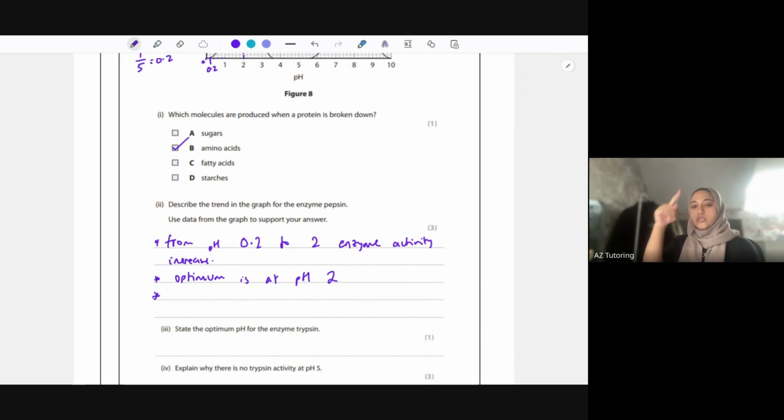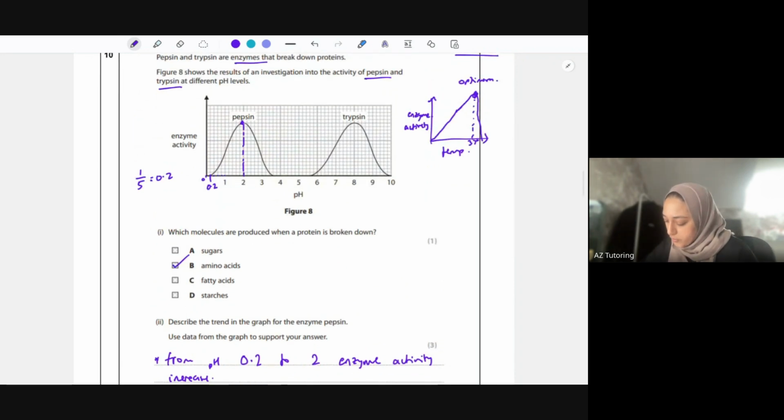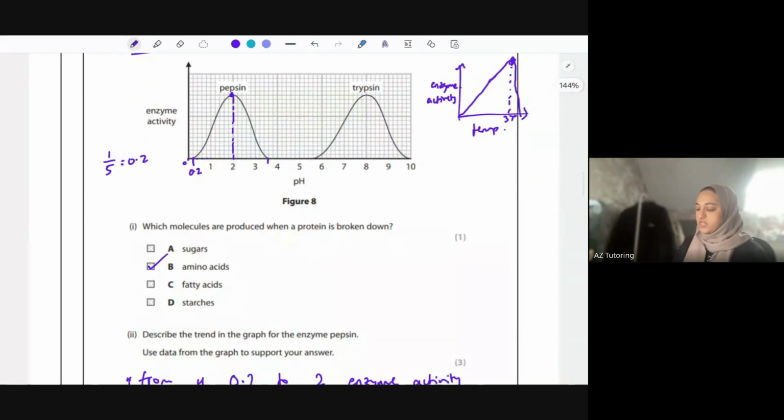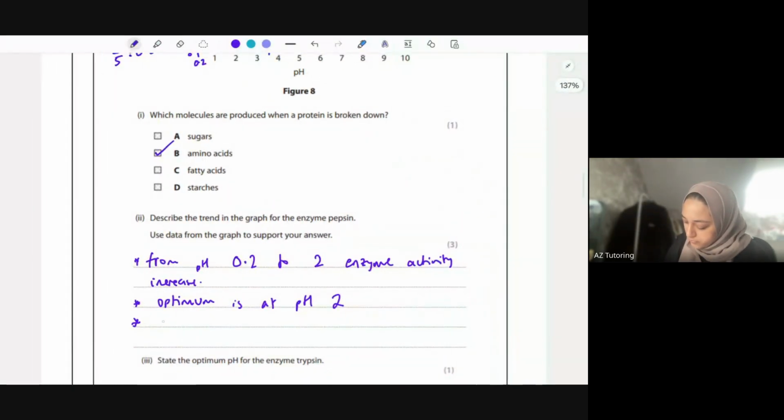And then finally, just describe the other part of the pepsin. So from pH 2 to that point there, let's say 3.6, the enzyme activity decreases.